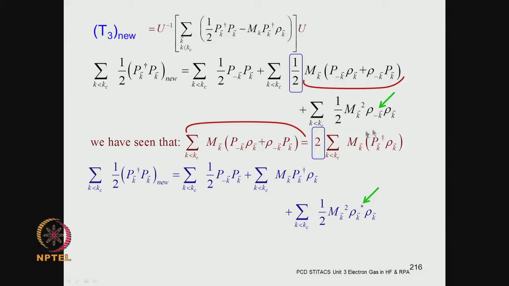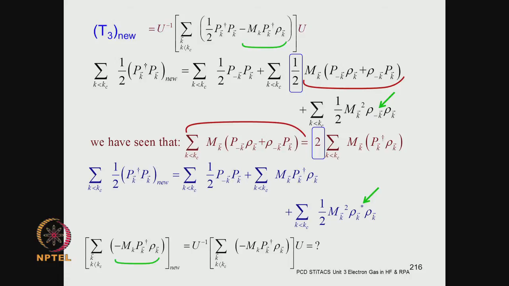In the last term, we have also made use of what we know about how rho minus k and rho k star are related. They are equal to each other because of our result that we obtained yesterday. Now we have to ask, how does this term transform? Okay, we got the first term.